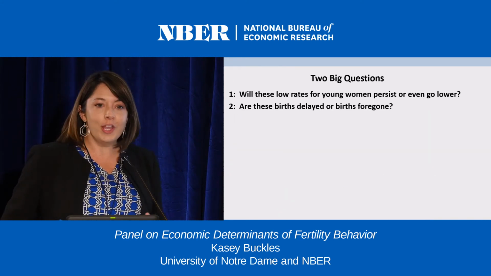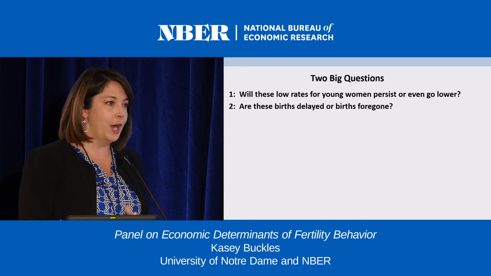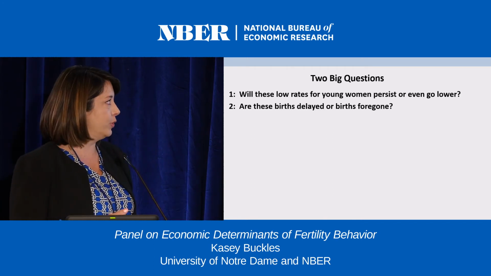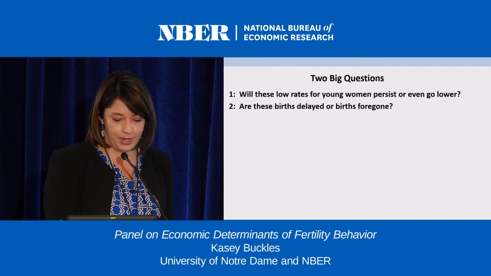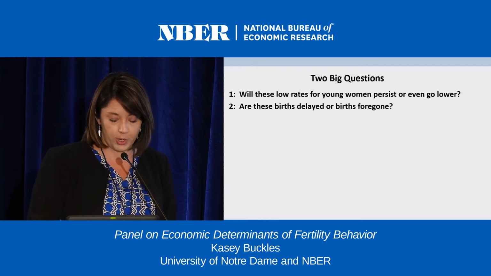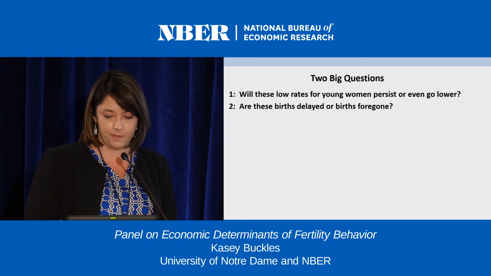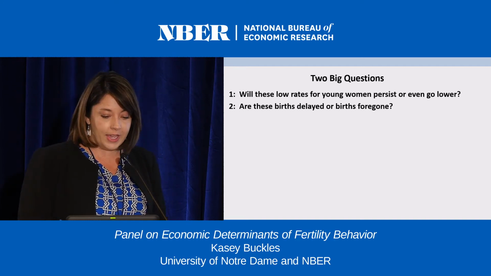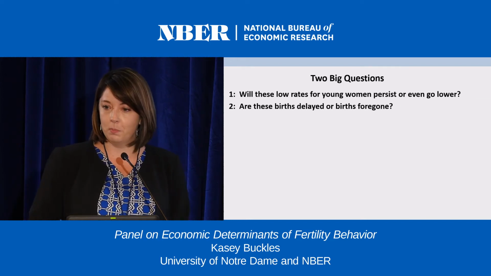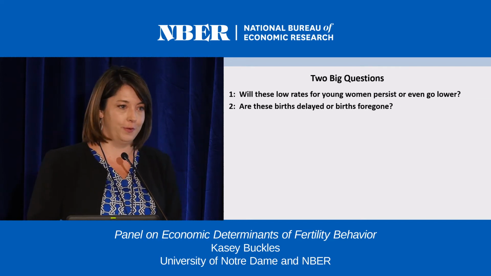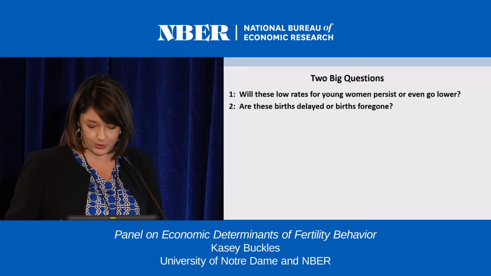All right, so if you want to project even a little further than what Martha was doing in her talk, the big questions are: are we going to see those low rates for young women persist, and could we see them fall even further? And then, are these births delayed or births foregone? And of course, that one is really the multi-billion-dollar question from the perspective of the Social Security Administration.